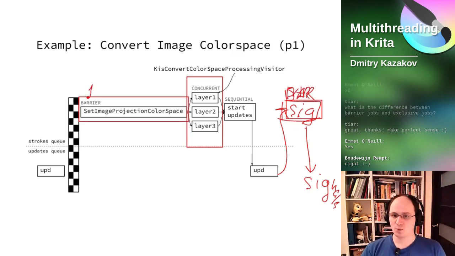We have 1, 2, 3, 4, 5, and 6 undo commands. We have put them into undo stack. We have executed them, we executed them correctly, and we have converted our image color space. Now we want to undo that.